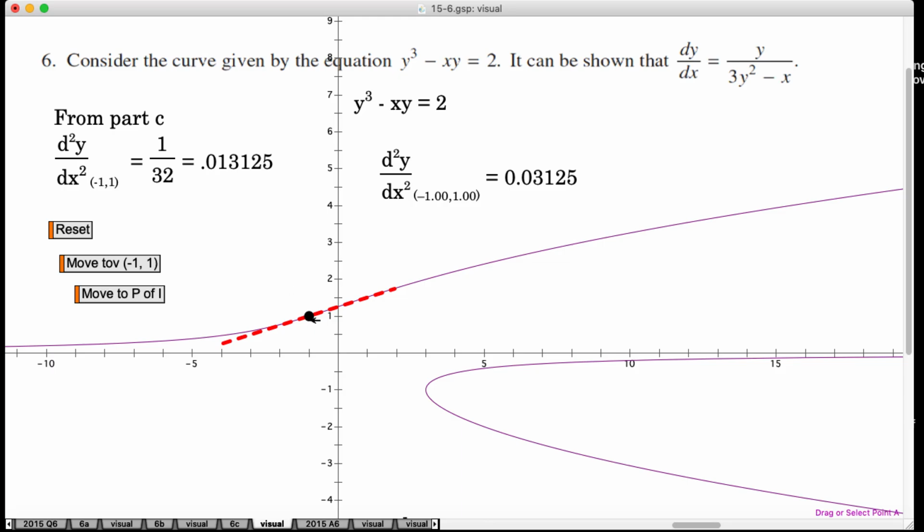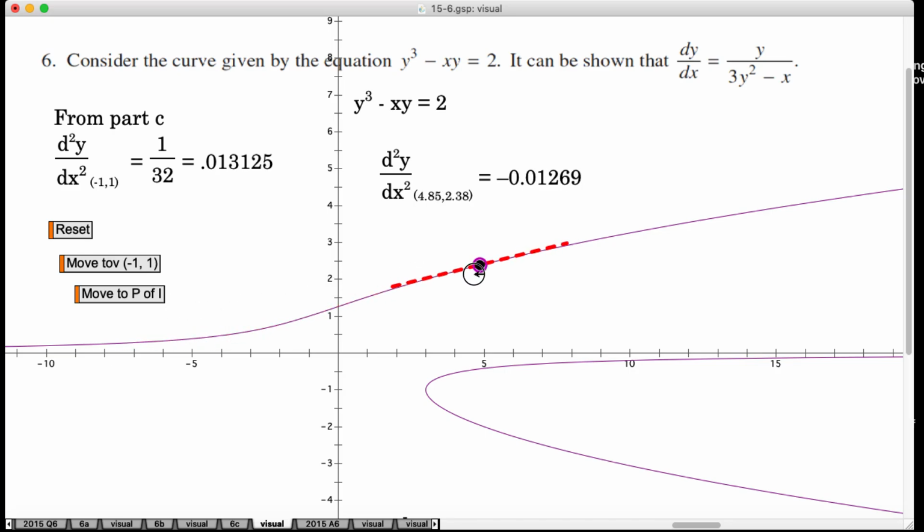Now let's think about what that means also. Remember, a positive second derivative tells us that the curve is concave up. It's a little hard to tell here because the second derivative is very small, but it is positive, so it's concave up in this region. And notice what happens when I move over here a little bit: it is now concave down because the second derivative is negative. So what does that tell us?